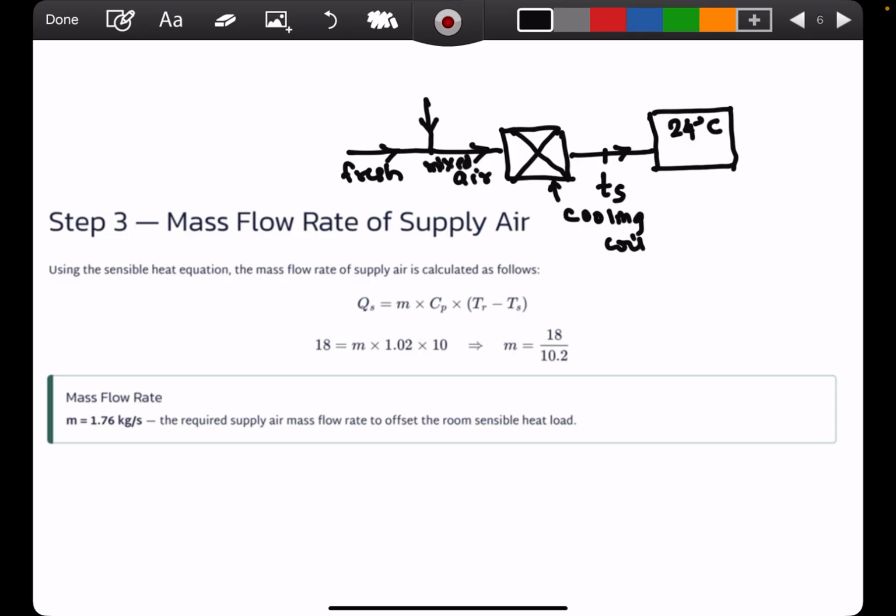How is it mixed? Because the room air is returned back to this cooling coil and some of the fresh air is introduced.